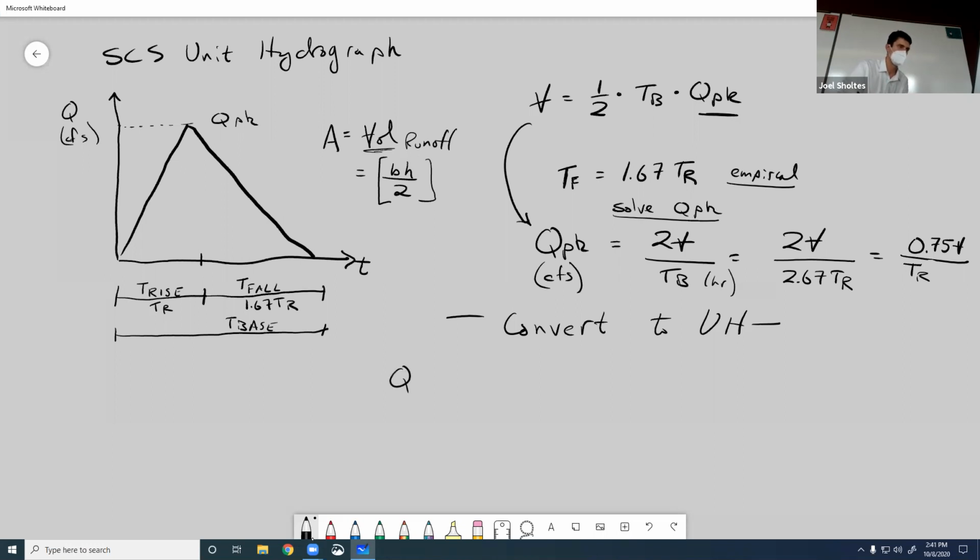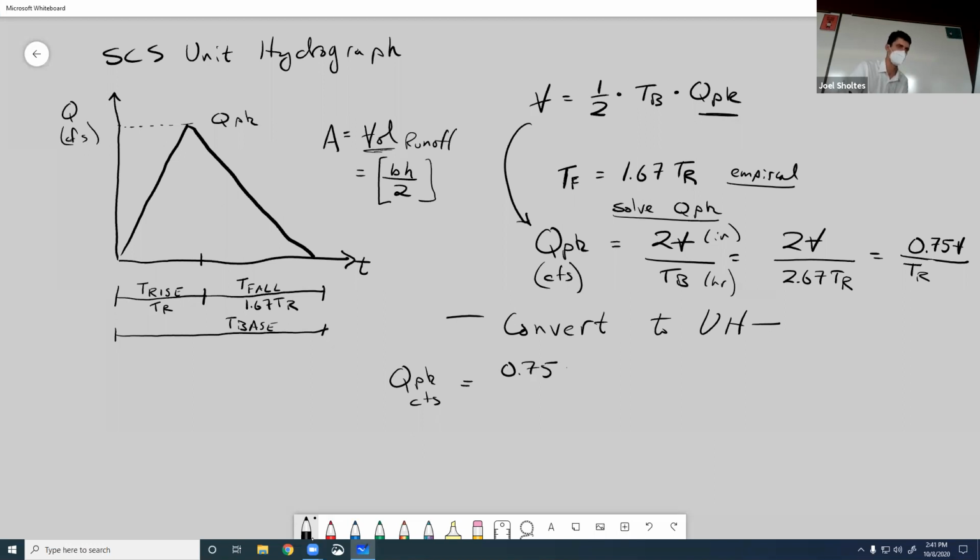So if we've got Q peak in CFS, our runoff is actually, so this right here is inches. So this is not dimensionally consistent, but we're going to make it dimensionally consistent in a second here.